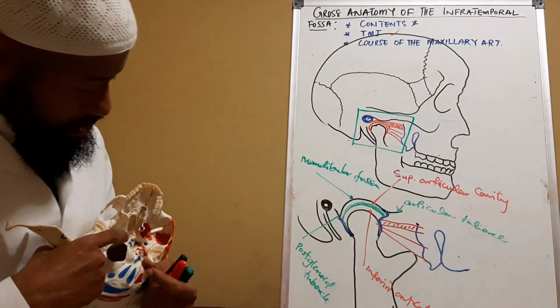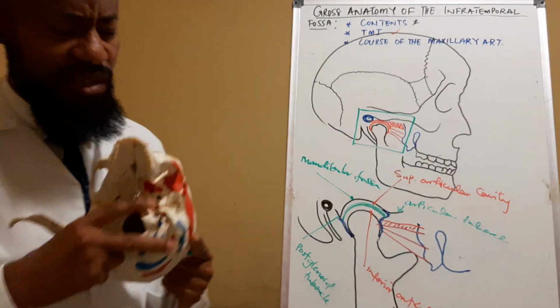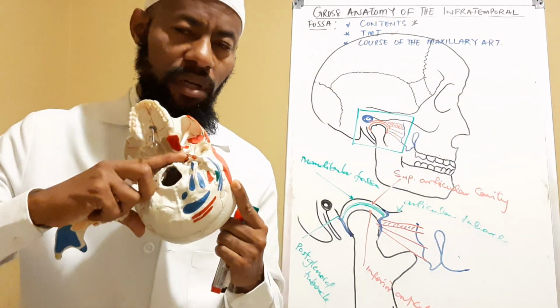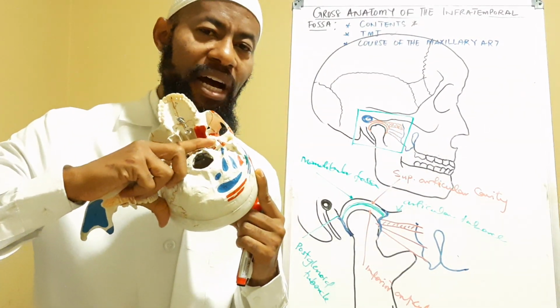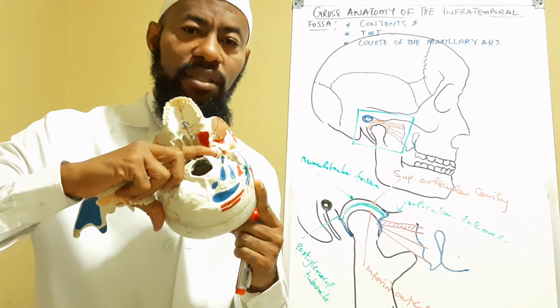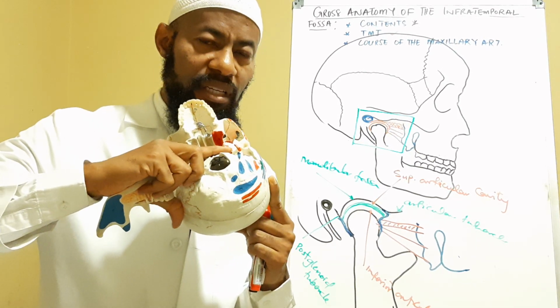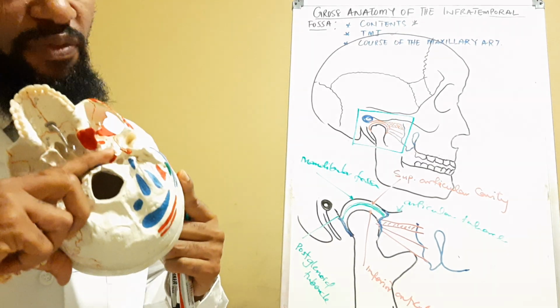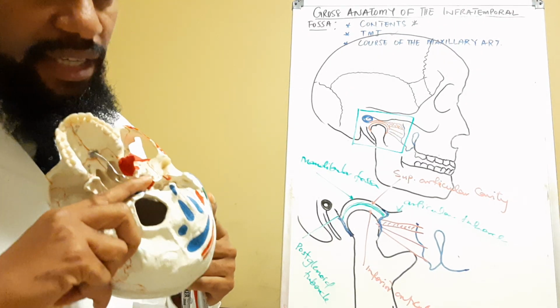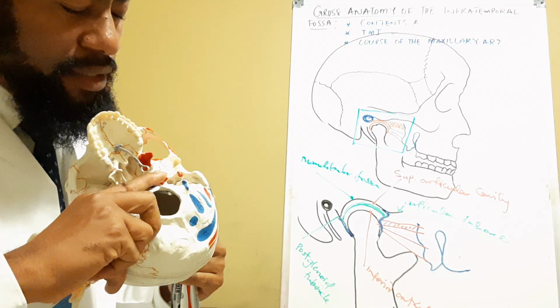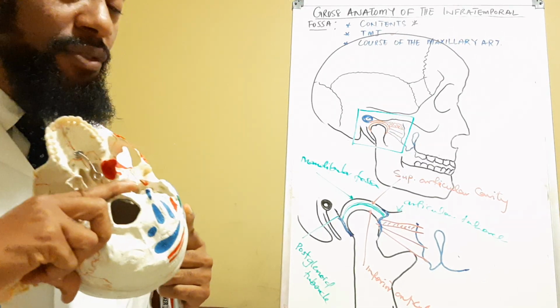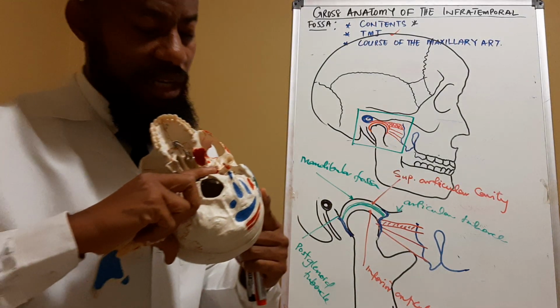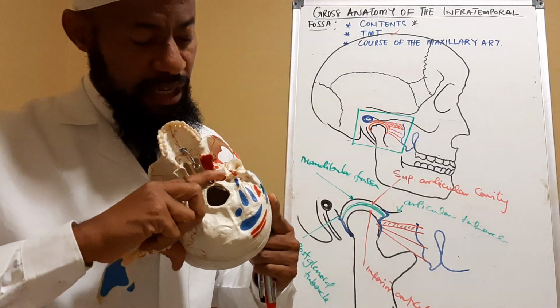And then we also have right here, I'm sure you can see it, the spine of the sphenoid. The spine of the sphenoid attaches to the mandible, and that gives you a ligament called the spinomandibular ligament.